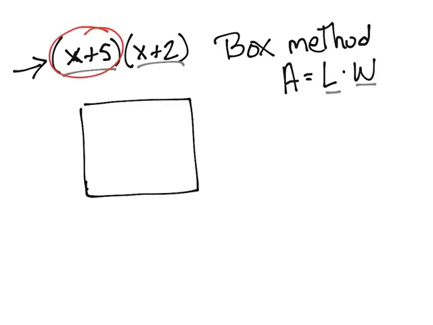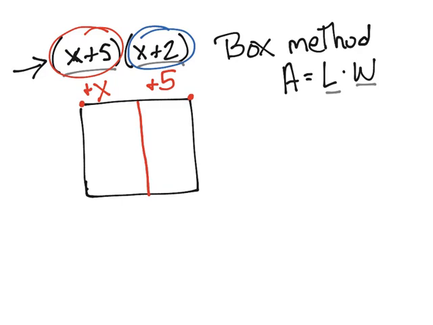Our first value we'll just call the length. If it represents the length from here to here, we can break that down into a positive x and a positive 5. This distance represents the distance x. This distance represents the distance 5. So our total length is our x plus 5 value. Now we'll say that x plus 2 represents our width.